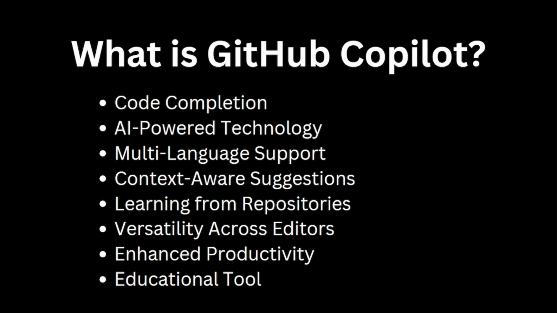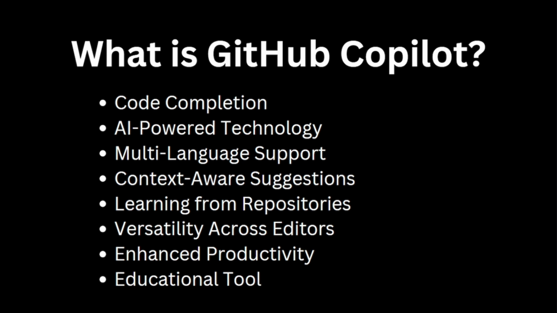GitHub Copilot is an AI-powered technology which utilizes a machine learning model, particularly the OpenAI Codex, to generate code suggestions. It also learns from a vast amount of publicly available code repositories. This improves accuracy and suggests contextually relevant code for our developers.